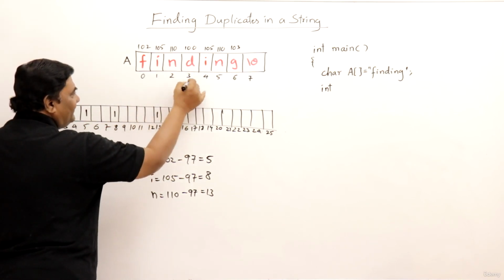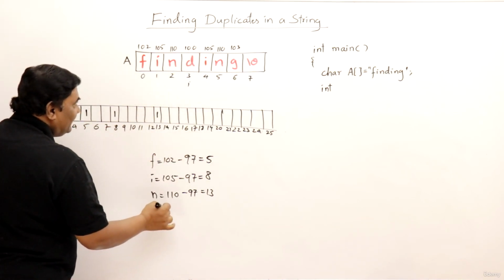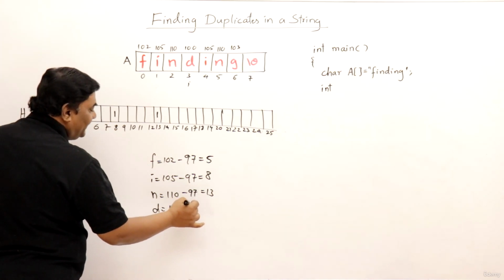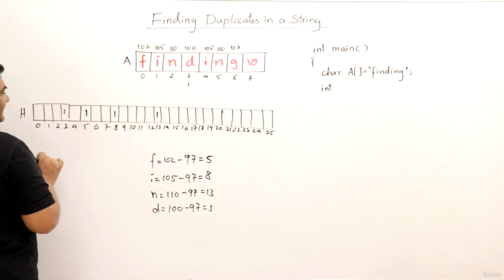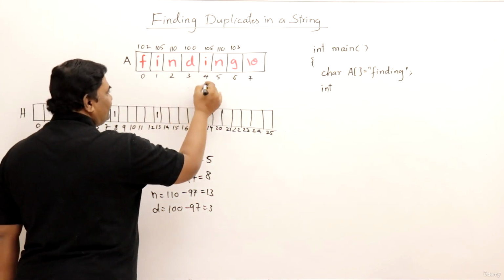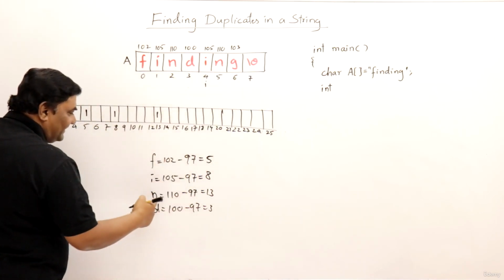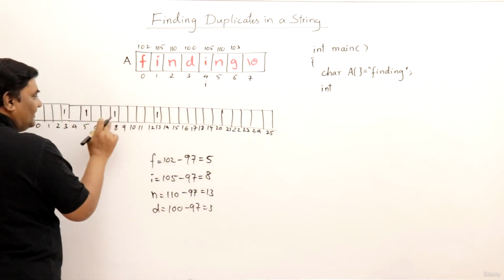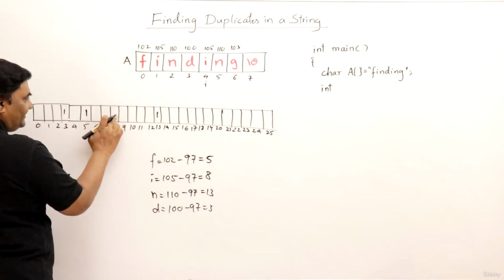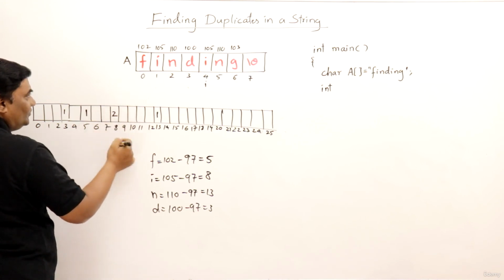Then move to the next alphabet, that is D. D's ASCII code is 100. Minus 97 gives 3. Go to index 3 and increment it. Then next is I. I's ASCII code is 105. Minus 97, 8. Go to index 8 and increment. This was already 1, so it will become 2.